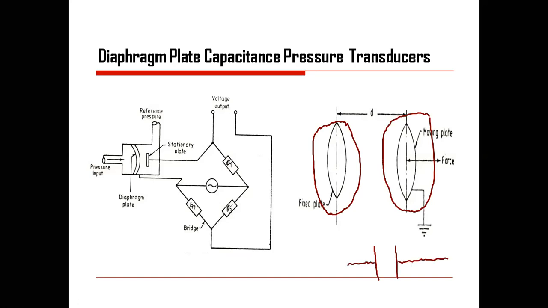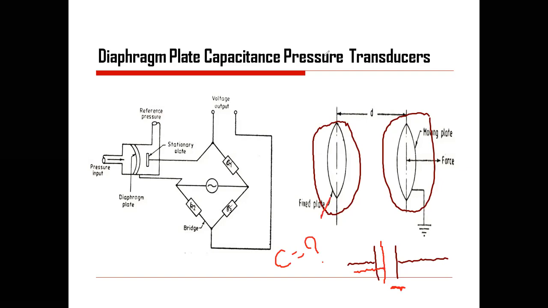What is going to happen if I change the position of this plate? If I move that plate to this side, my capacitance is going to change. This change in capacitance depends upon the displacement given to it, or the distance between the two plates. Here the fixed plate is not going to move anywhere.